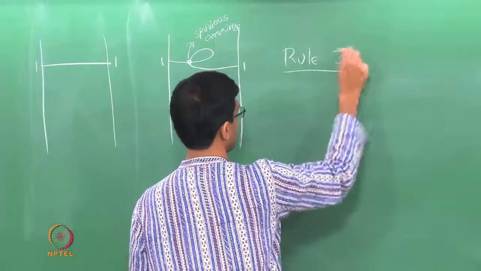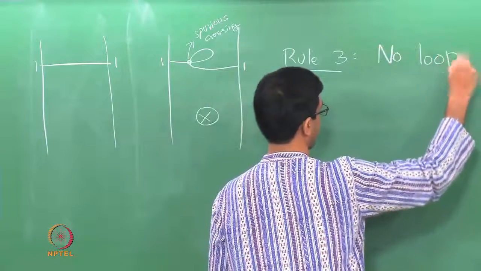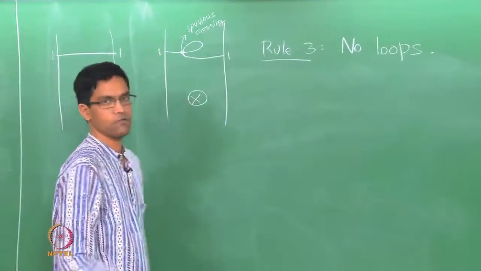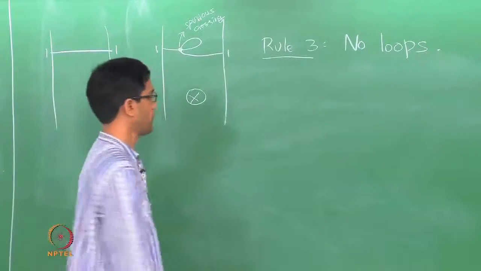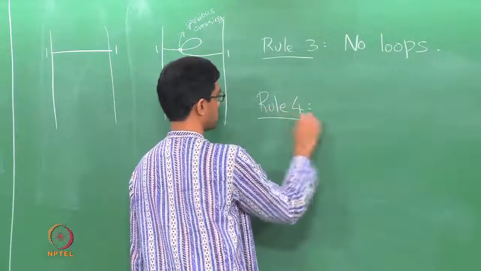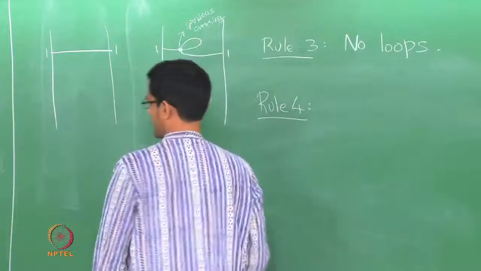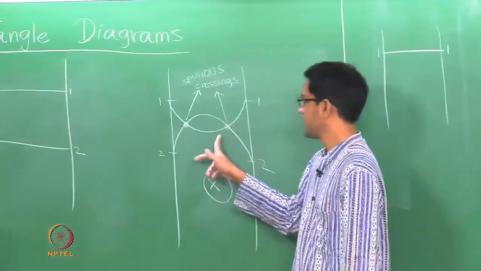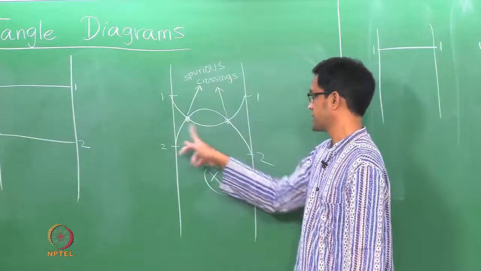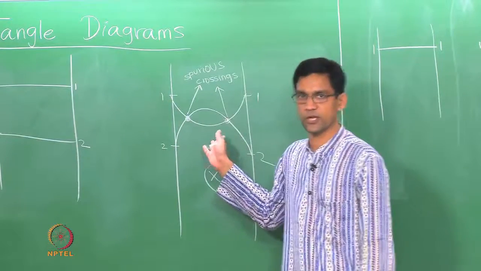So rule number 3 says there should be no loops. You are not allowed to have loops in a curve. It shouldn't intersect itself. And rule number 4 says when I have two different curves, for instance the configuration that we just wrote out here, if you have two different curves intersecting in 2 points in this way, again it means there is a spurious crossing.